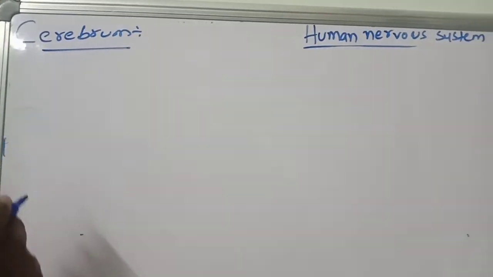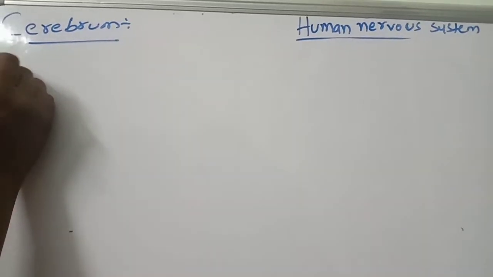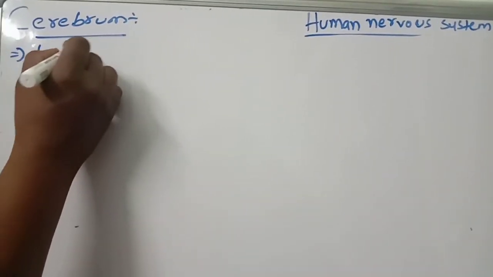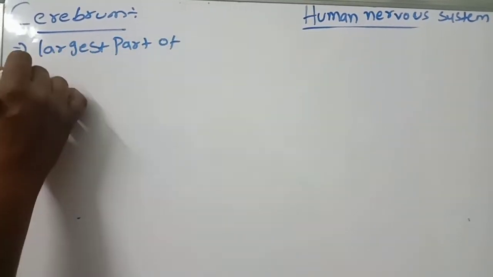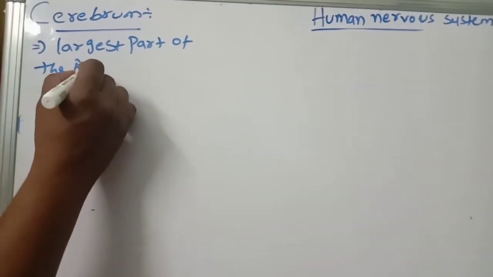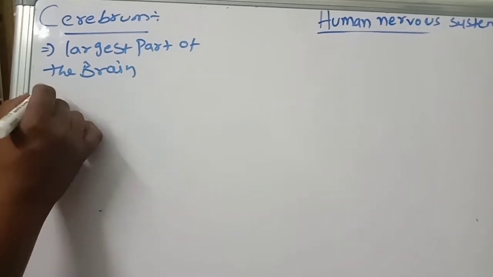Okay, cerebrum. It is the largest part of the brain, so please note all the points. The first point is very clear: the largest part of the brain.